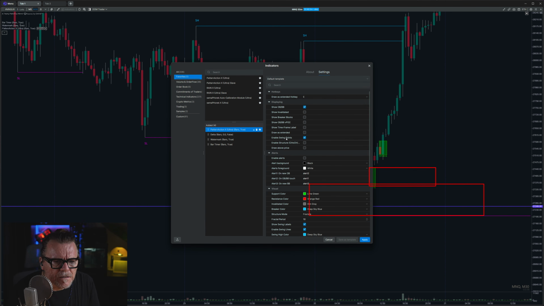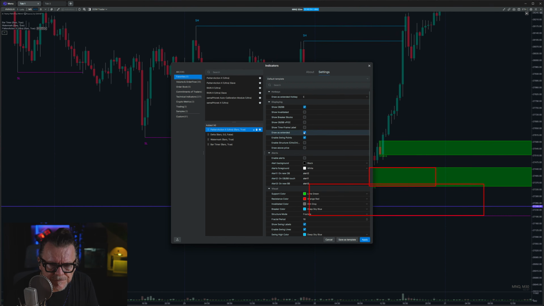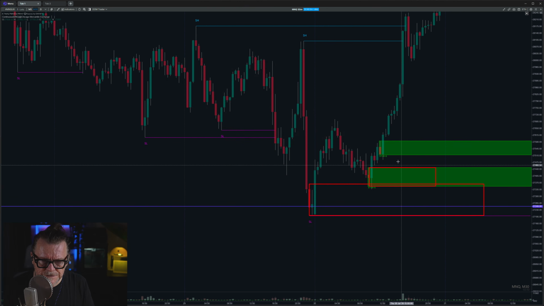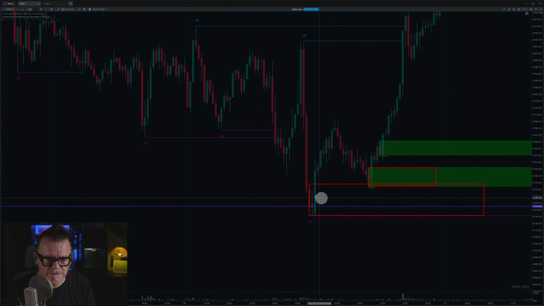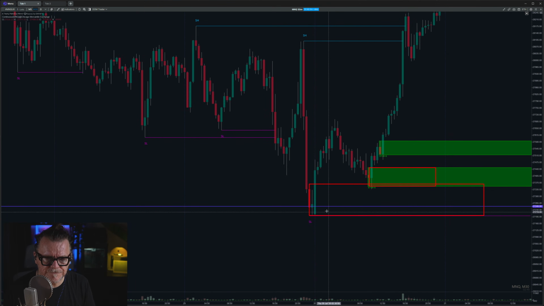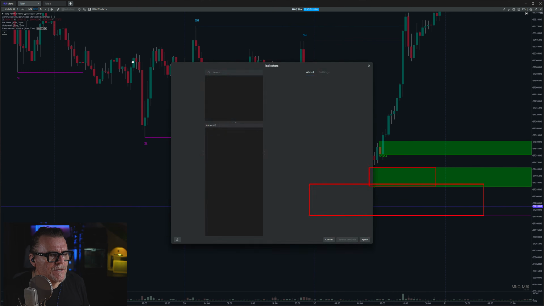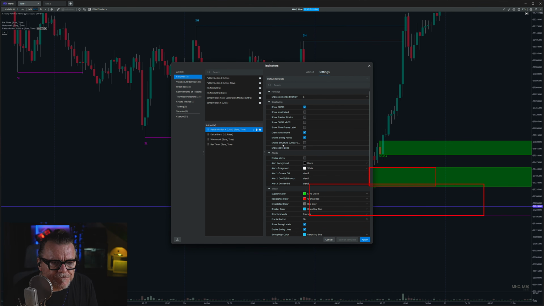E, okay. Enable swing points, extend. Draw is extended, like so. See that? These are order blocks. And this order block was basically tested, so it isn't valid anymore. But what I can do, I can go to the settings and activate show invalidated.